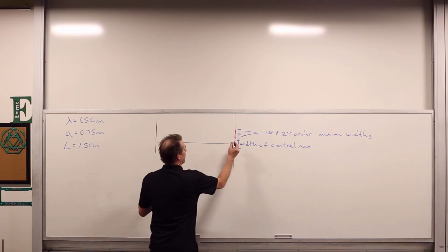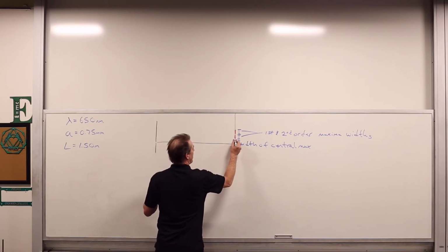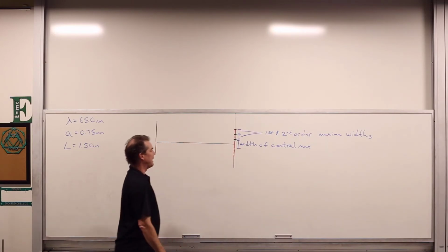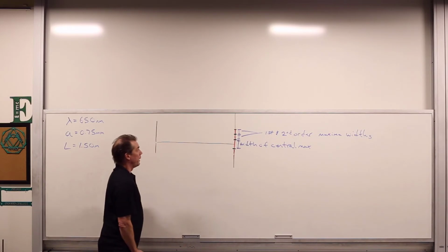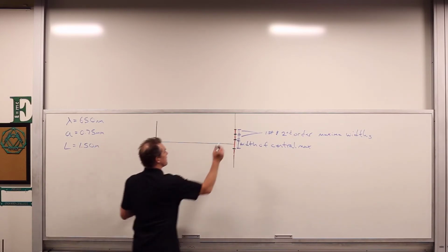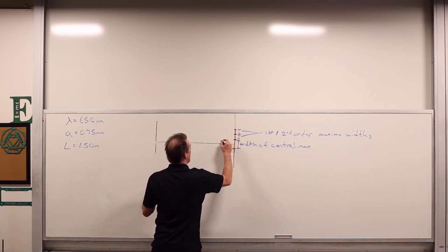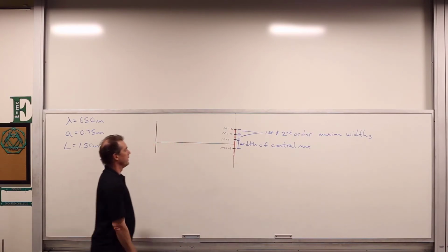And what do we have? Well, everything goes with m values that correlate with the minima, right? So this is the m equals 1, m equals 2, m equals 3 for the minima. Here's the m equals negative 1.